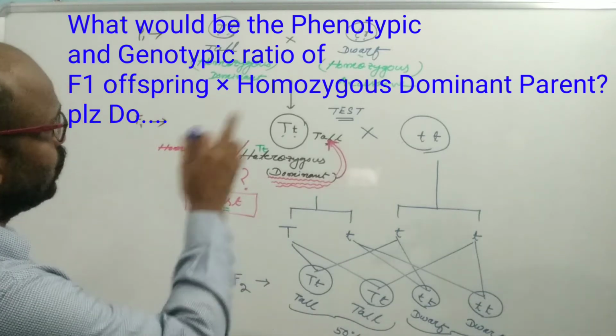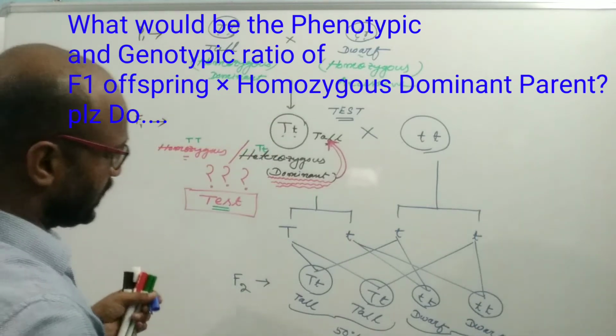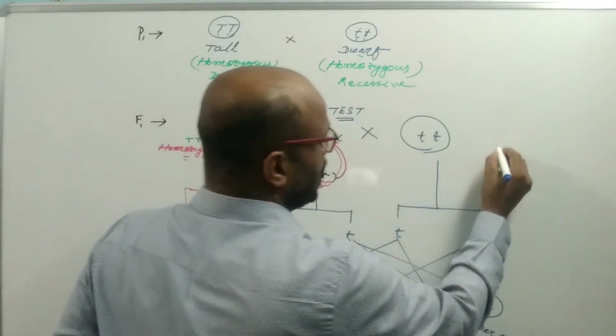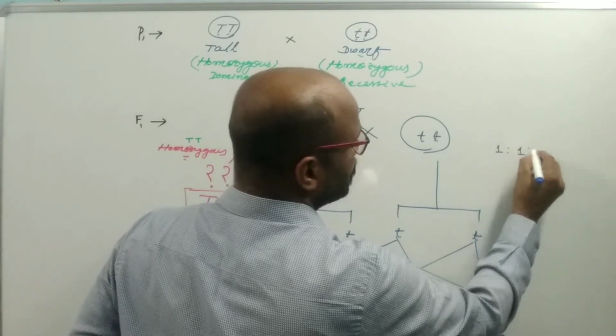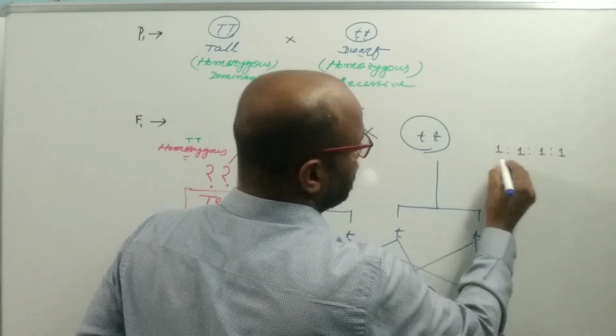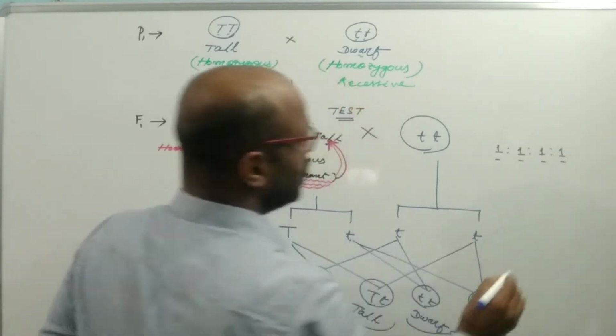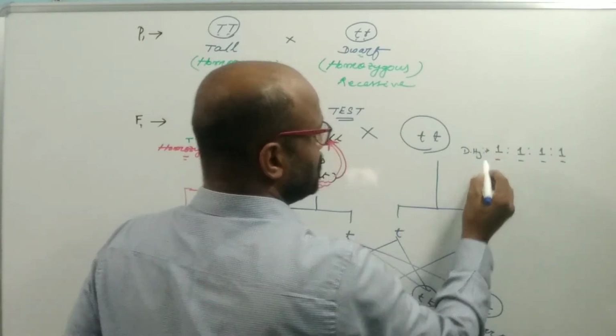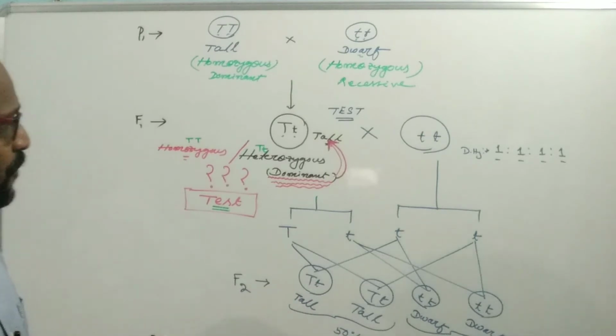If you take two pairs of characters, then in case of a dihybrid cross, the test cross ratio will be 1:1:1:1. This is the phenotypic ratio of the dihybrid test cross.